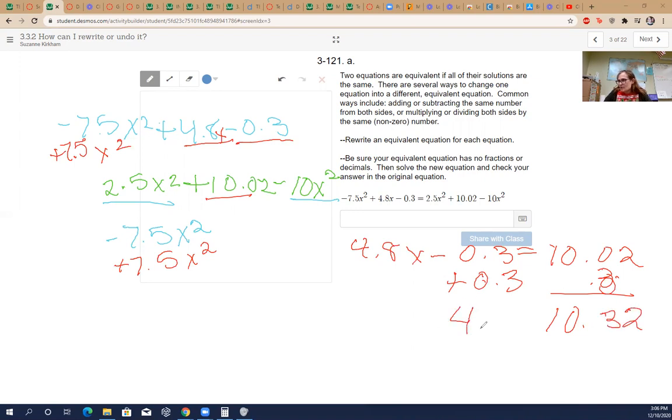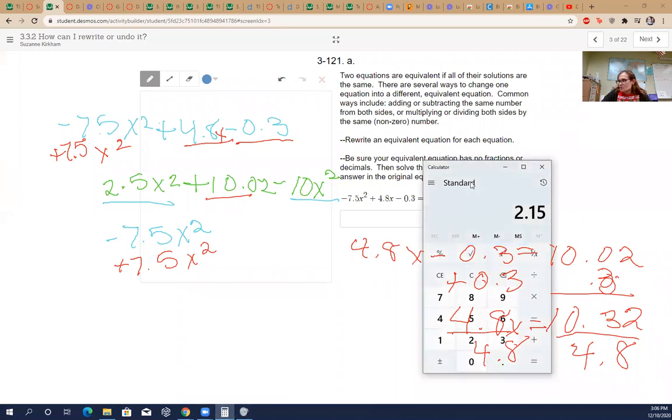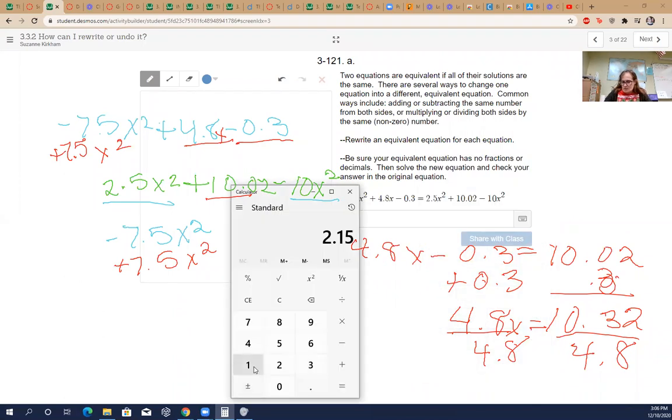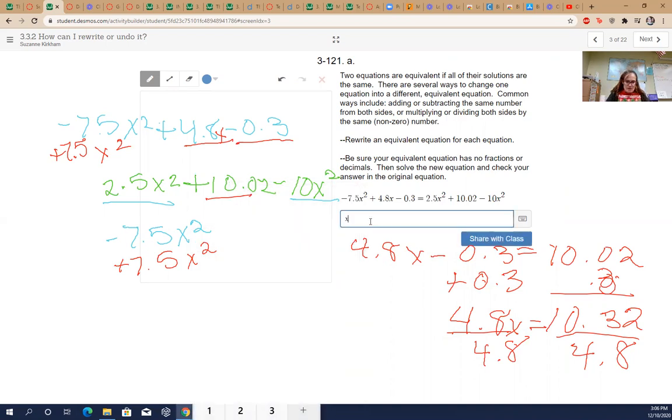And then we have 4.8x equals that. Divide both sides by 4.8. We pull up our little calculator. It'll show us that 10.32 divided by 4.8 equals 2.15. So that is the answer that we put right here: x equals 2.15.